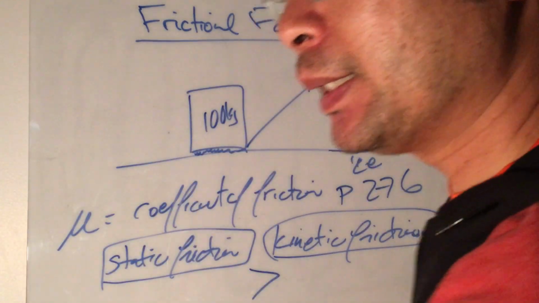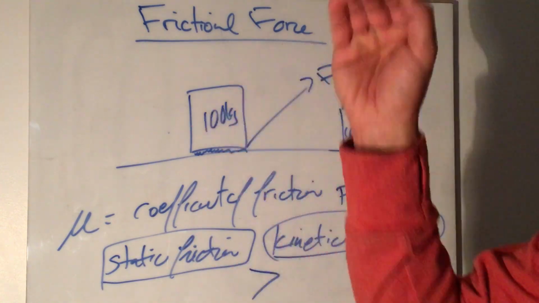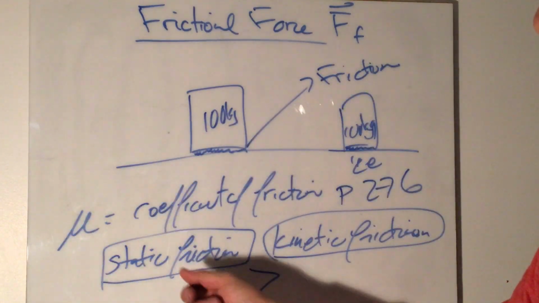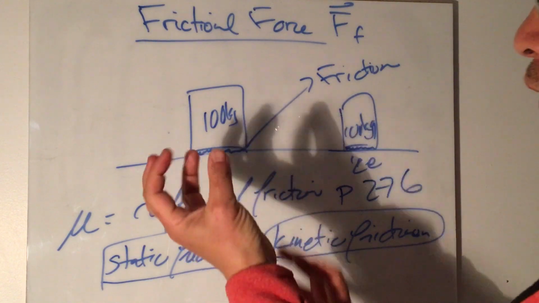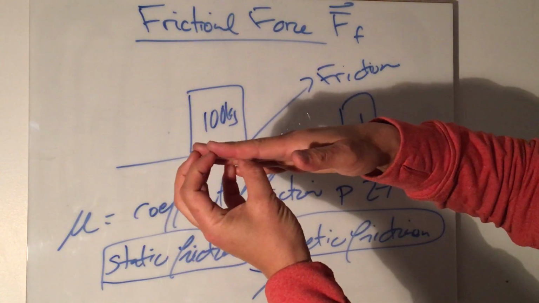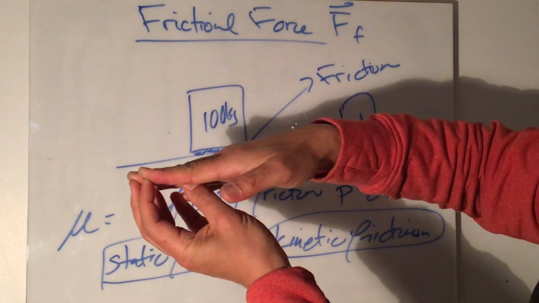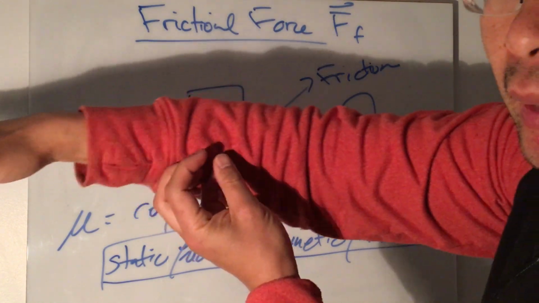Okay? Right before it moves is when static friction is at its highest. The instant before it starts moving is when static friction is at its highest, because you've now taken, let's imagine like these are all like little tentacles keeping it in place. So as I push it, tentacles are stretching. So right now I'm pushing pretty hard, then all of a sudden, oh, the tentacles break and I'm going.